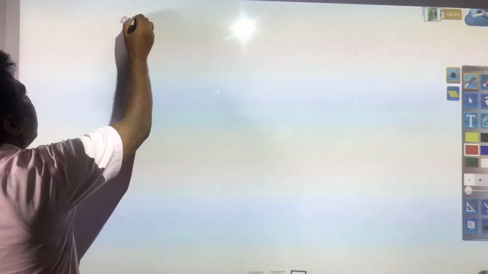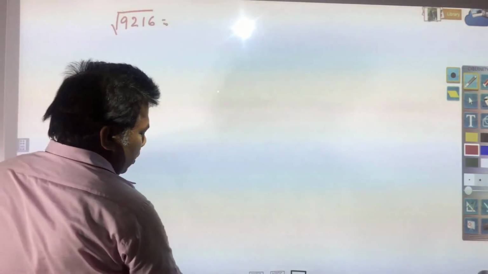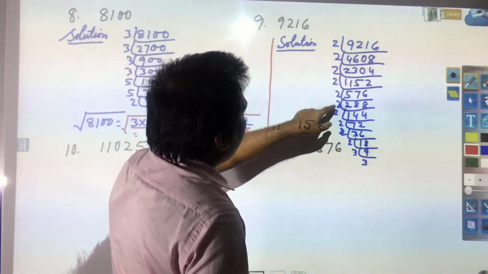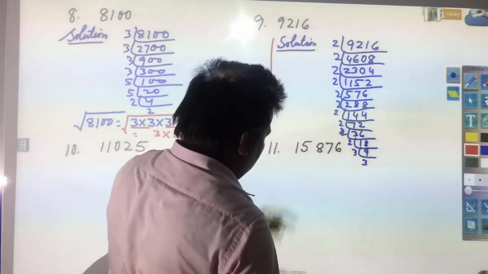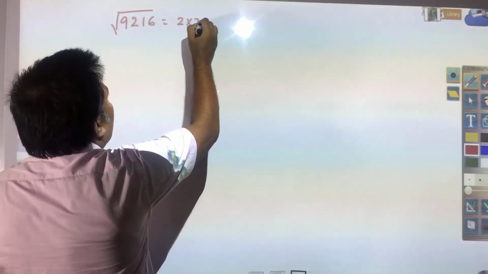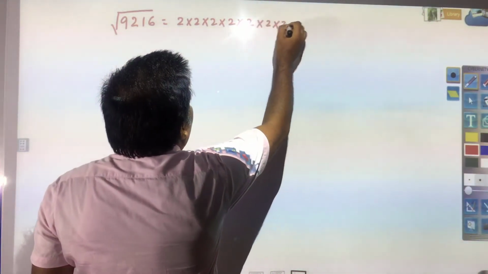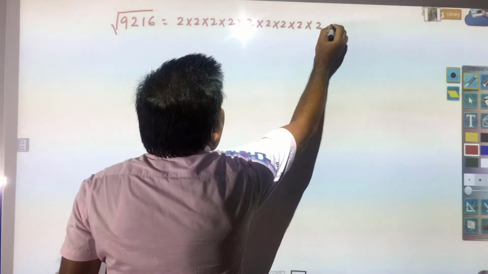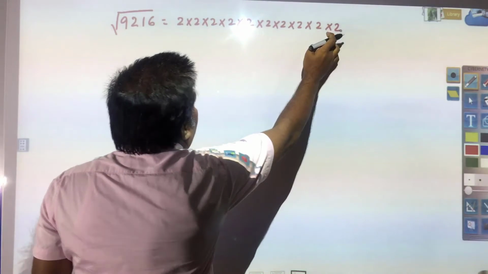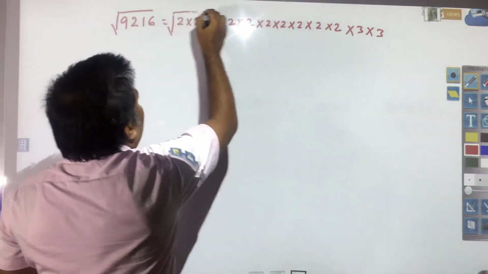So this will be 1 2 3 4 5 6 7 8 9 10, 2 into 2 into 2 into 2 into 2 into 2 into 2 into 2 into 2 into 2, into 3 into 3, and the square root of this.